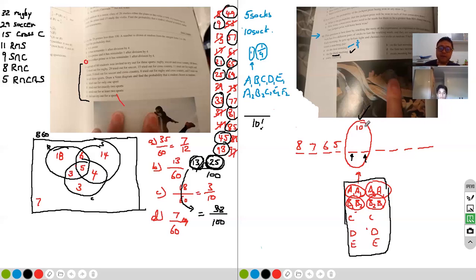And those 8 socks can be arranged in those 8 positions: 8, 7, 6, 5, 4, 3, 2, 1. Does that make sense? So if we only consider that, then it's still 8 factorial times 10.